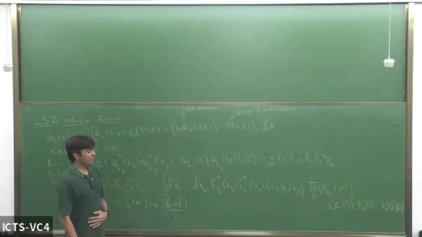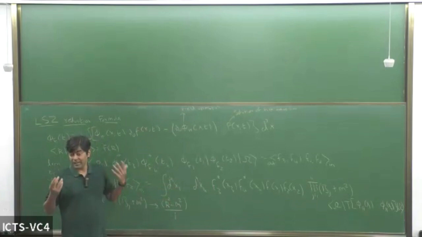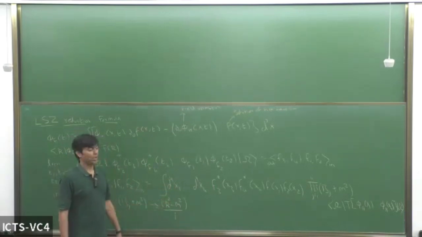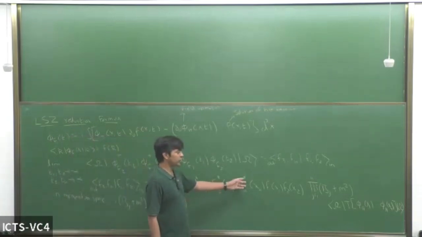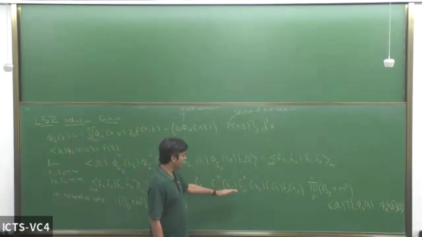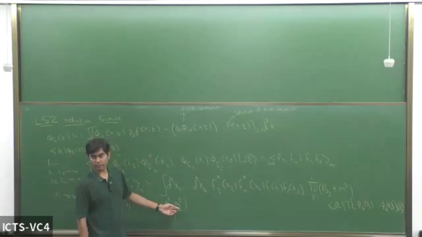Now in the free theory, that would exactly cancel out the propagator. In the interacting theory, this doesn't exactly cancel out the propagator. However, after that, you do an integral with these solutions of the Klein-Gordon equation. These solutions of the Klein-Gordon equation only have momenta that satisfy k squared equal to m squared.